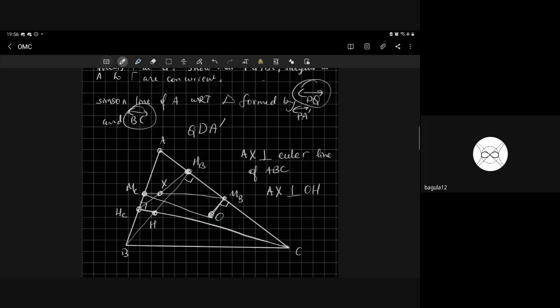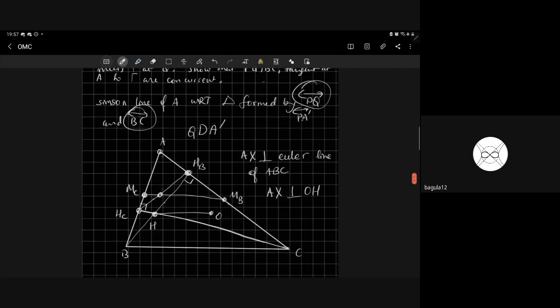How will you proceed? So first, we'll take the perpendicular from A to OH and let it meet OH at some point P. For now, let's remove X from the picture.